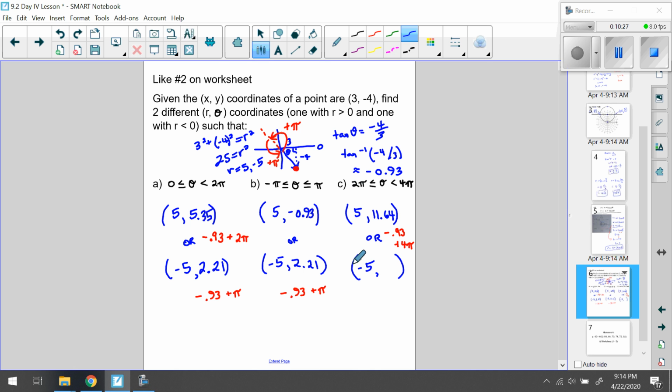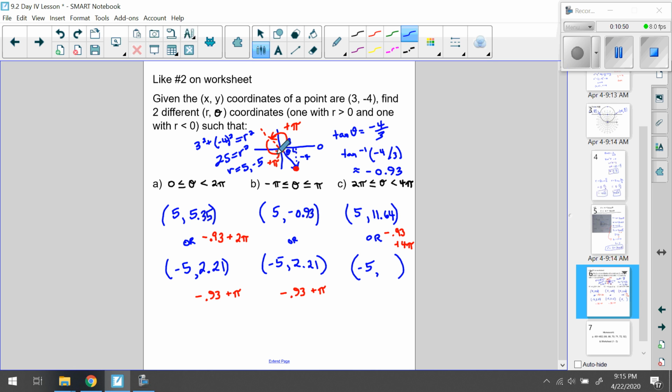And then for this one, we want to be landing this direction. And so if we go back to the answer that we had here where we added 2 pi, so again, we start here, go forward 1 whole revolution, and that brought us to 5.35 radians. Well, to get over here and be past 2 pi, we want to go forward another pi. And so that would be a total of 3 pi, is that right?